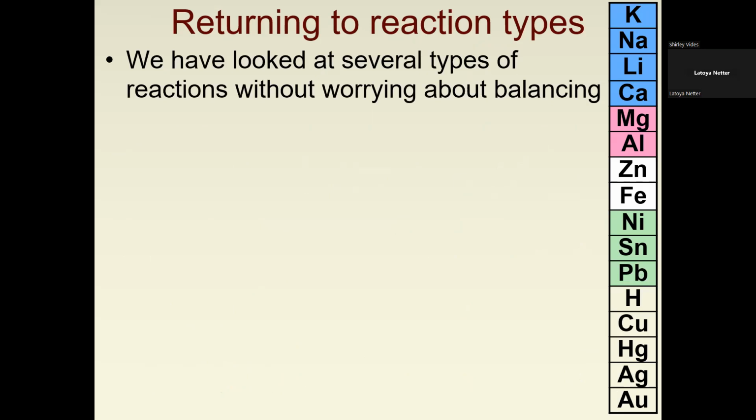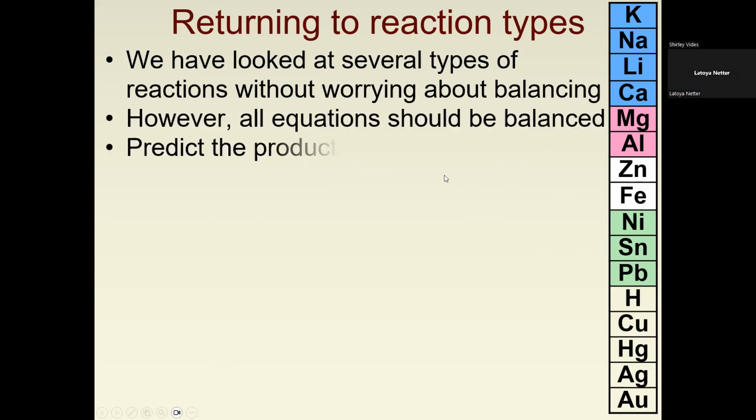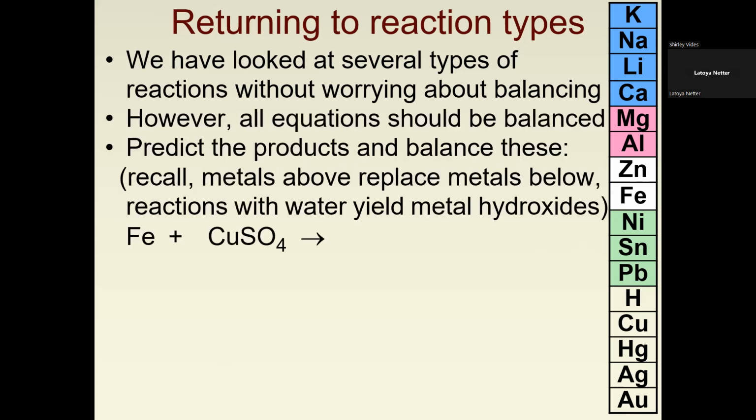The reason it matters is because when you have a single displacement reaction, which we will look at in a minute, the ones that are above will replace the ones below, but not the ones below replace the ones above. So like, for example, right here, iron is above copper.